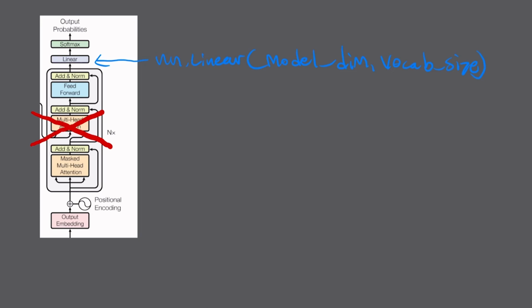There's going to be a linear layer where in features is model dim. This should make sense given the dimensions used in the transformer block. And then we're actually going to project to a dimension of vocab size. So this linear layer has vocab size different neurons. We're going to have essentially vocab size different numbers for every single token at every single time step.